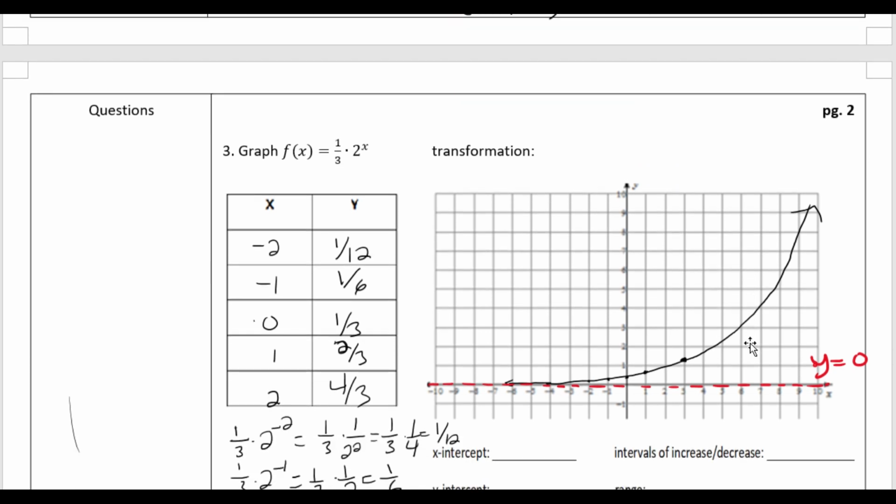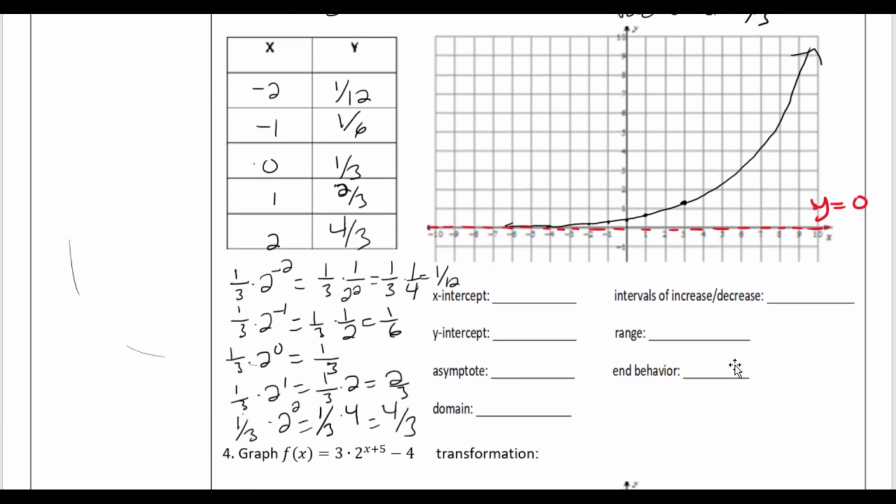It's going up eventually, but it just takes a while for it to get there. So that means, and you can tell that the 1/3 there shifts, so it's a vertical compression by factor of 1/3. So which we can tell it's being pressed down, so it's smaller than the other one.